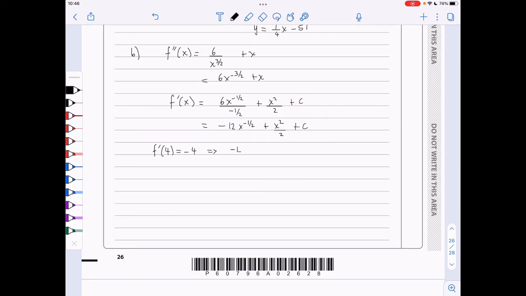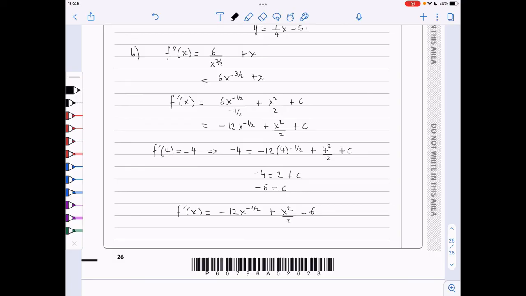So this is minus 4 is negative 12 times 4 to the minus a half plus 4 squared over 2 plus c, which leads to minus 4 is 2 plus c, so negative 6 is c. So f dash of x is minus 12x to the minus a half plus x squared over 2 minus 6.